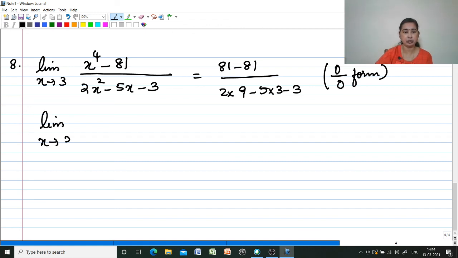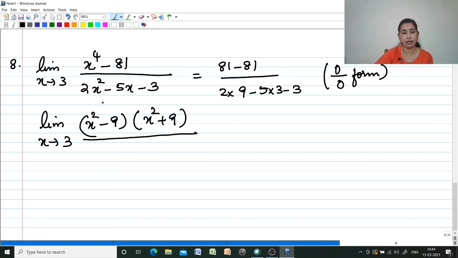Limit x tends to 3. x⁴ minus 81 means x⁴ minus 3⁴. That is (x² - 9) into (x² + 9) divided by, how can you factorize the denominator? For that you have to split the middle term. Take the first and last, find the product, that is minus 6.